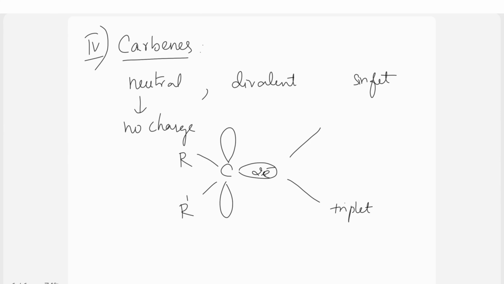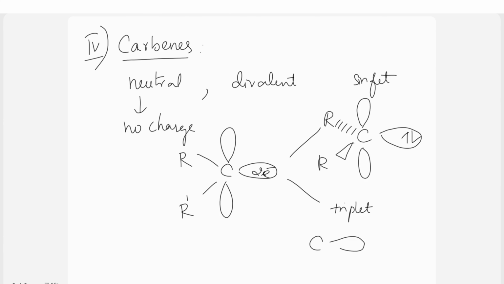So suppose the arrangement is the same, this is considered to be a singlet, whereas instead of paired electrons, if there are two electrons with the same spin, then in case of singlet, the paired electrons have opposite spin.